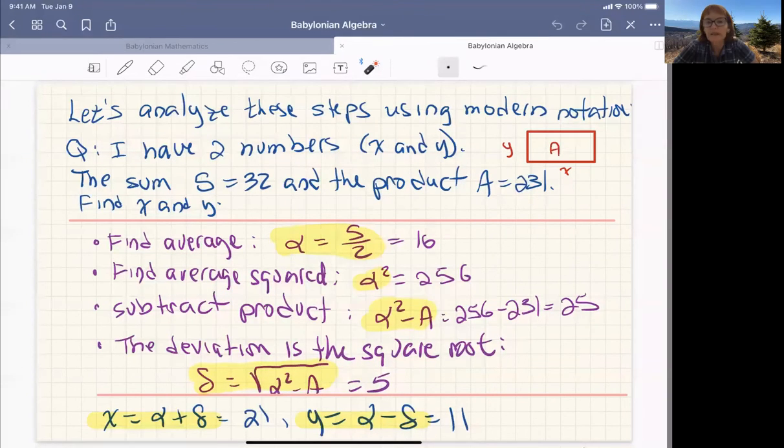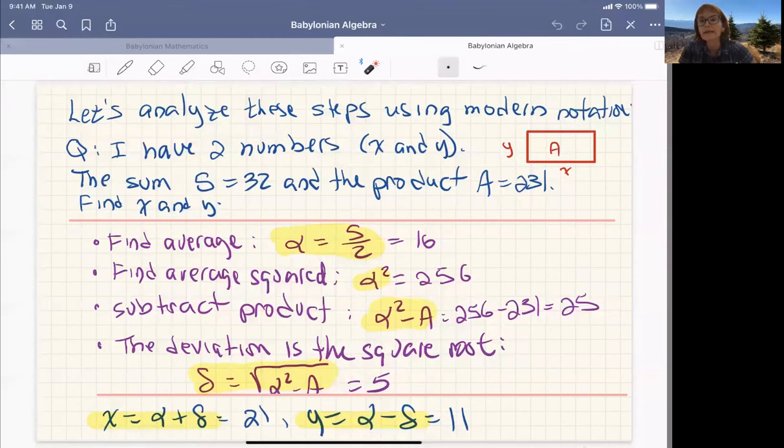So then what were the steps? Find the average. I'm going to call the average alpha. It's the sum divided by 2. And in our example, that was 16, because the sum is 32. Find the average squared, subtract the product.